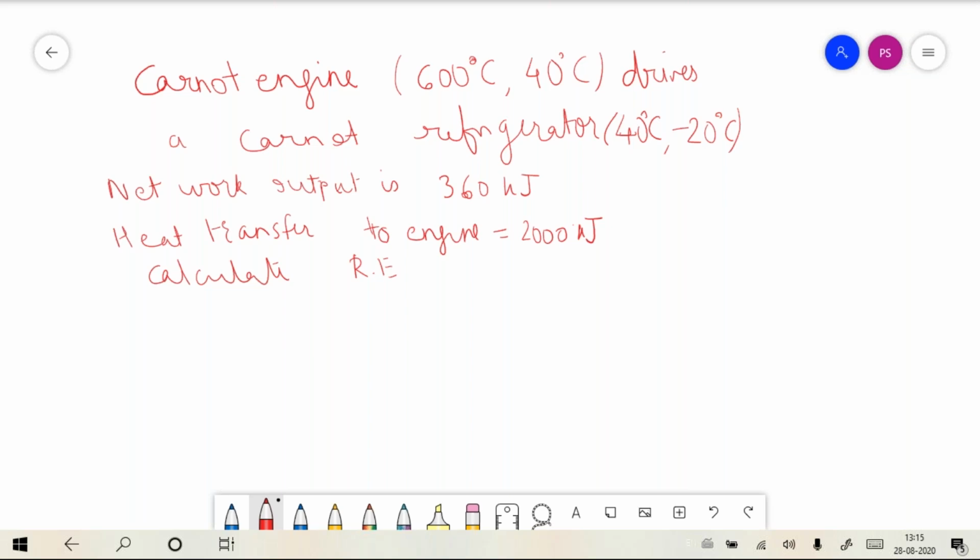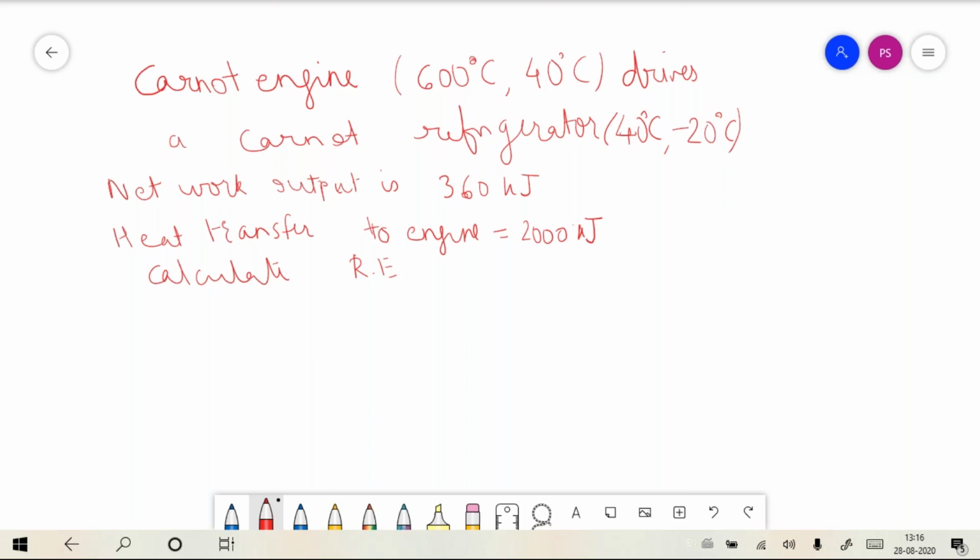A Carnot engine operating between 600 degrees centigrade and 40 degrees centigrade drives a Carnot refrigerator operating between 40 degrees centigrade and minus 20 degrees centigrade.